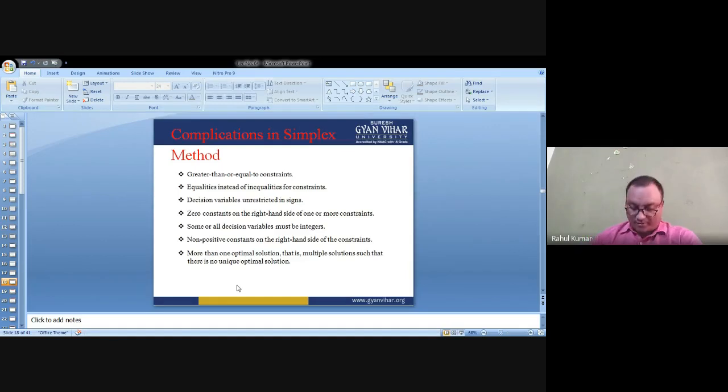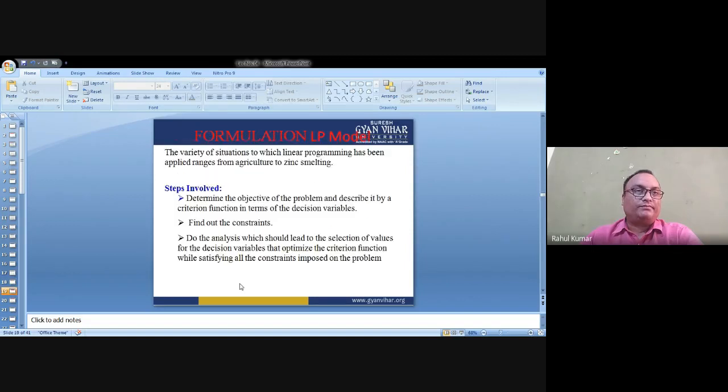Minimization cost problem. These are the complications in the simplex method, and then the formulation of the linear programming model. The varieties of situations in which linear programming has been applied range from agriculture to zinc smelting.